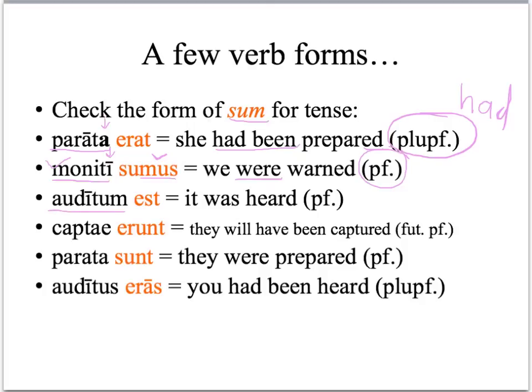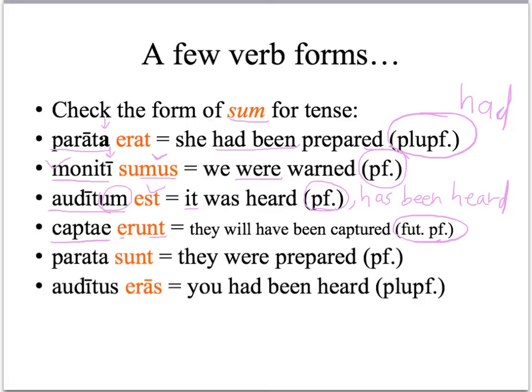Perfect passive participle, present tense of sum. Again, I've got the perfect passive. It, because I have a neuter form here, was heard. It could also be has been heard. Alternate translation for the perfect passive. Capti erunt, perfect passive participle, future of sum gives me a future perfect passive.